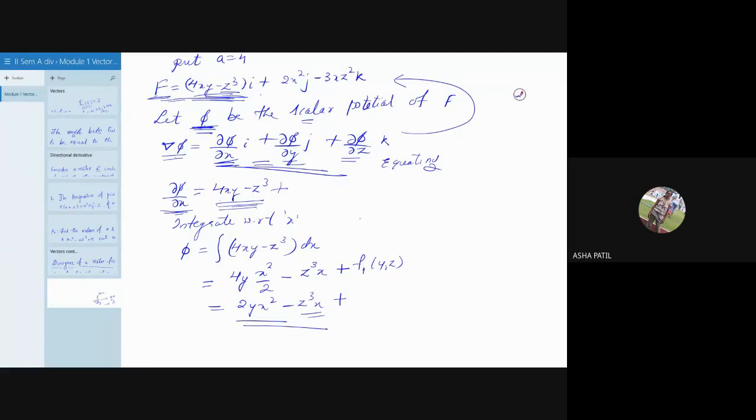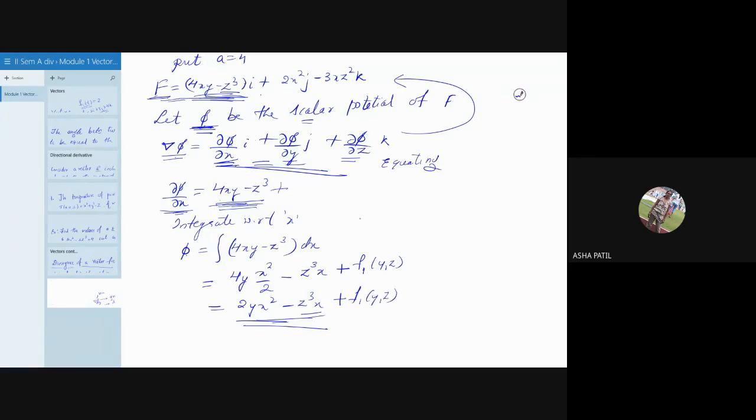So there may be any other function also, or you may have y times z cube or y z square, whatever the term is. If some function of y and z is present, the derivative of phi with respect to x will be 0. What we have taken is dou phi by dou x, and with that we have integrated. Hence, instead of adding a constant c, we add a constant in the form of a function of y and z.